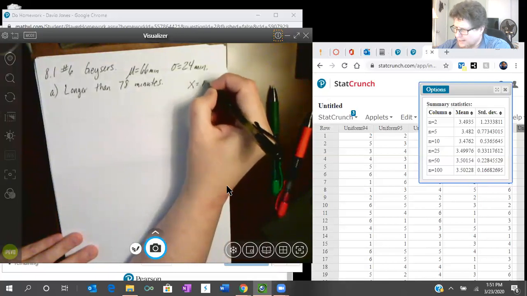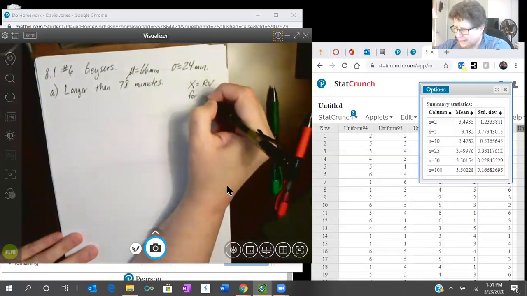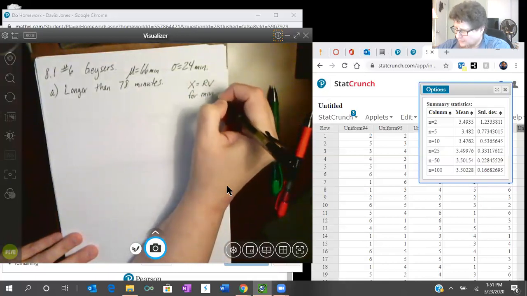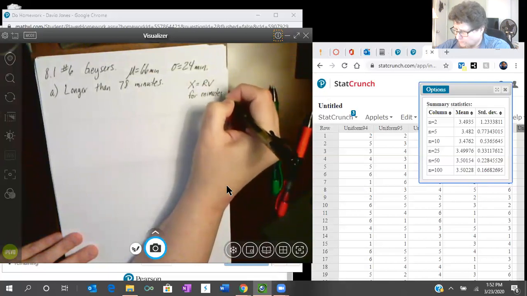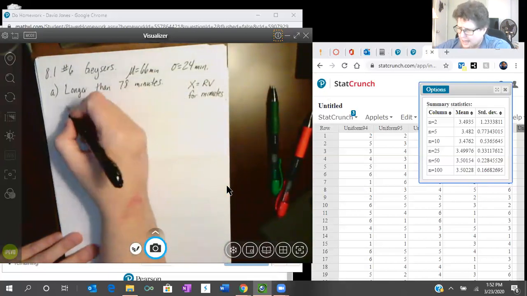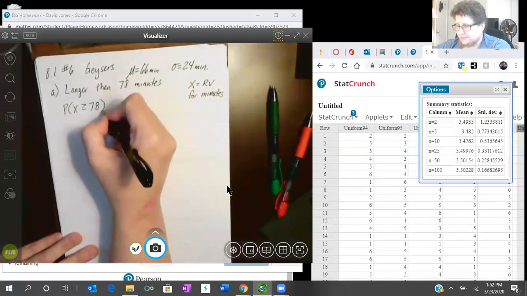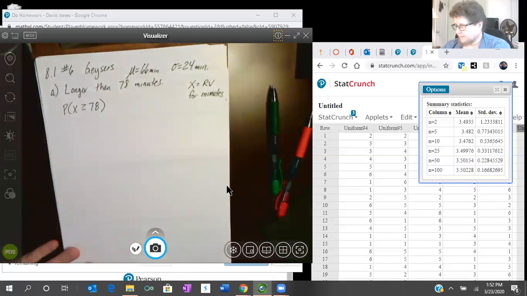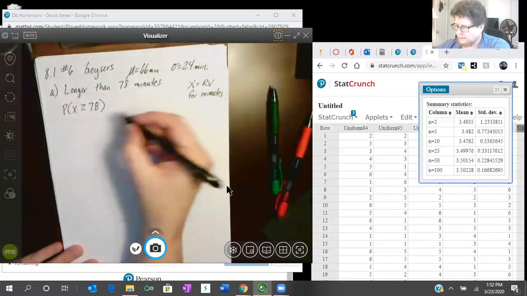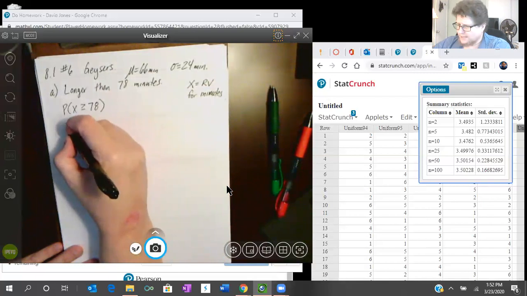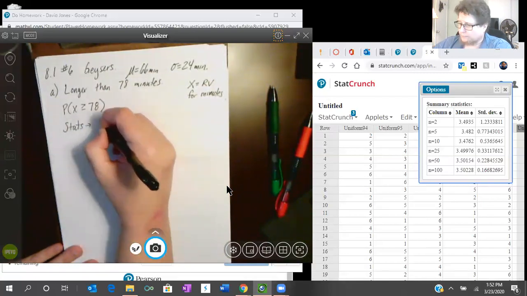So if x is my random variable for the amount of minutes, what it's saying is, what is the probability x is greater than or equal to 78? Well, this is a stats calculators normal kind of problem.